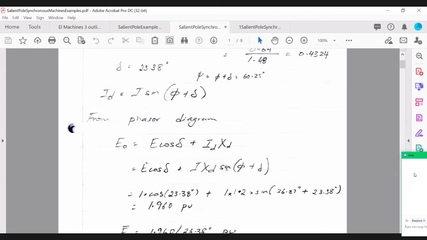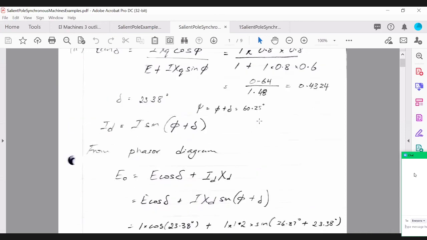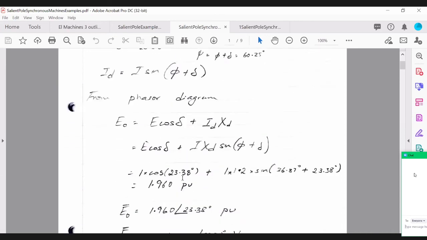So we're going to use those two angles that we've determined from the previous steps to solve for E naught. E cos delta is straightforward, since the magnitude of the phasor is 1 per unit, so we just substitute cos delta. For I, we have 1 per unit. Xt is given, so that's 1.2.